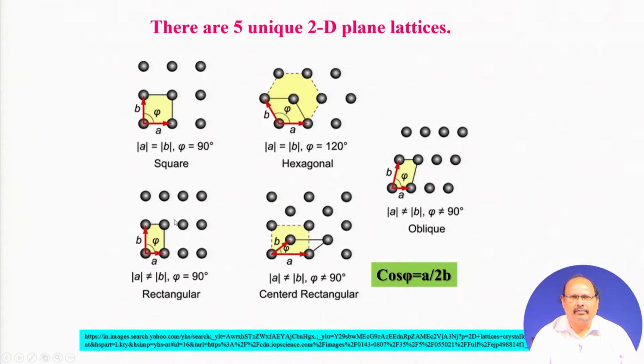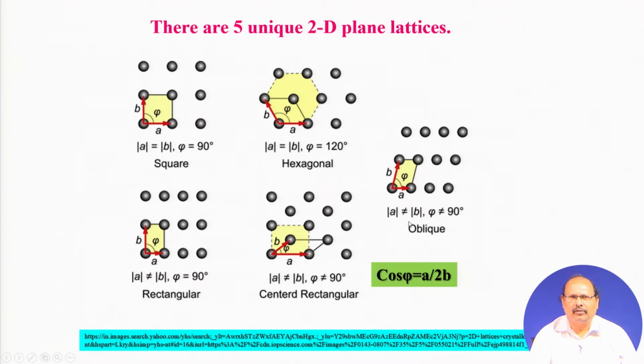And you have this type of lattice here where A is not equal to B and this angle is 90 degree. We call it simply the rectangular plane lattice. And you have this most common type of two dimensional lattice, where A is not equal to B and also the angle between A and B is not equal to 90 degree.